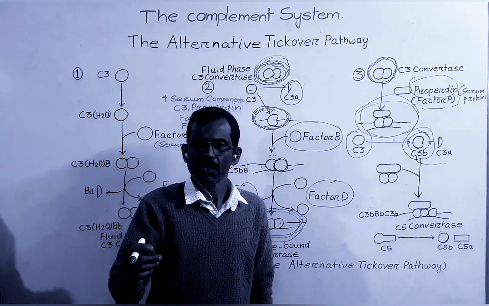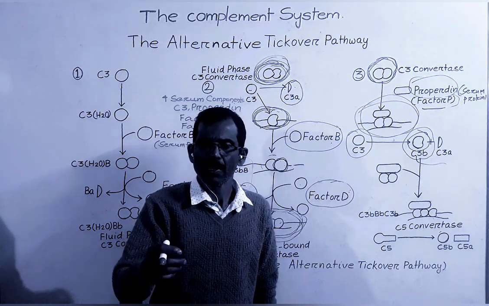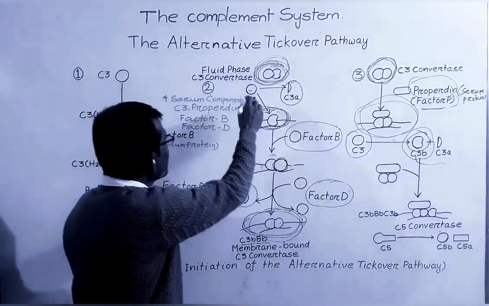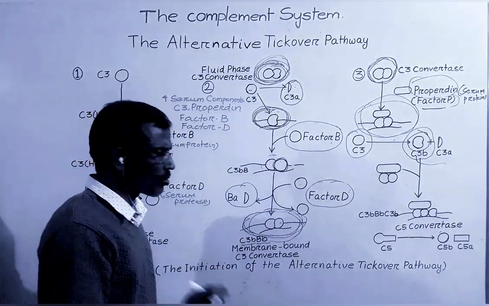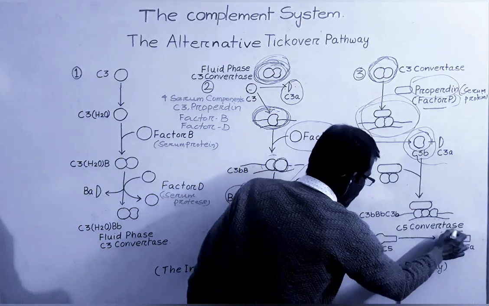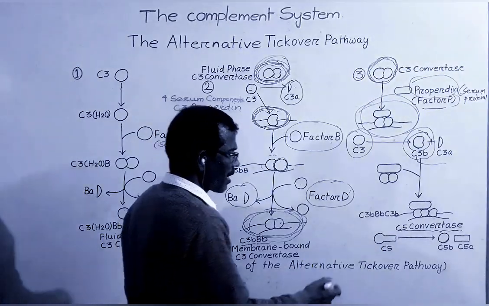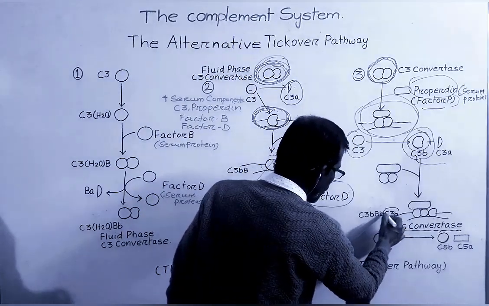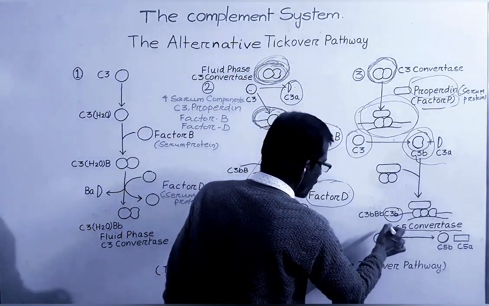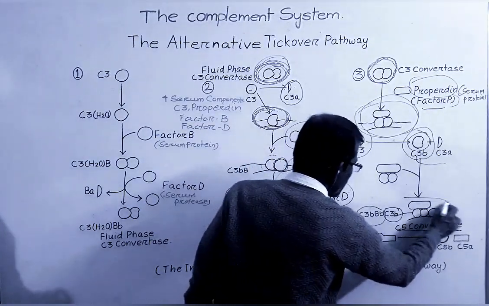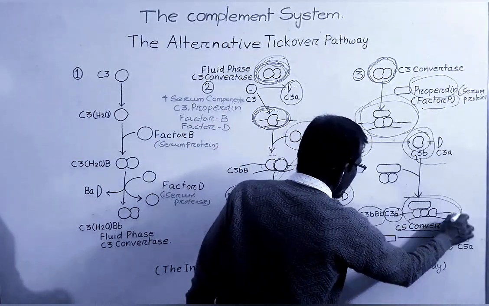As in the case of the classical pathway and the lectin pathway, in the alternative Tickover pathway also, the C5 convertase enzyme complex is formed by the addition of a second molecule of C3b to the C3 convertase.